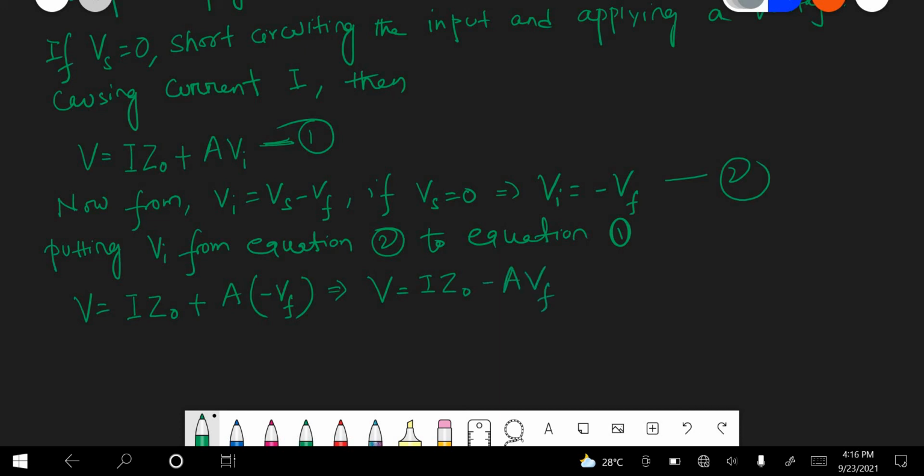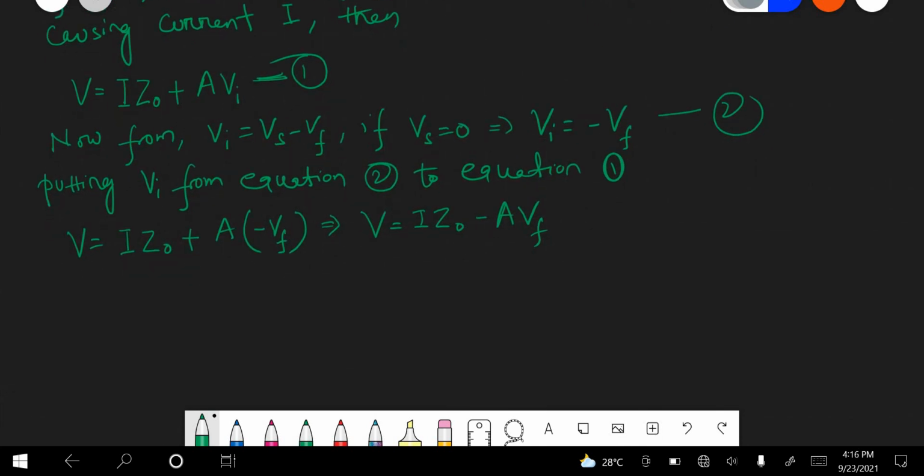Now we know that since Vf is equal to beta times V, this gives V is equal to I times Z0 minus A beta V. So from here V plus A beta V is equal to I Z0.